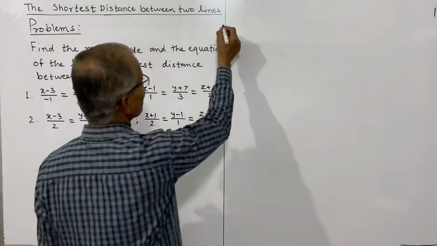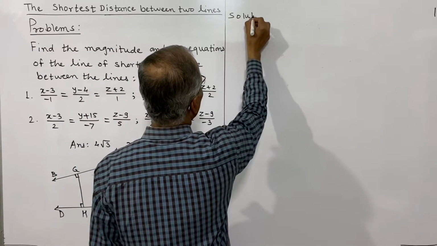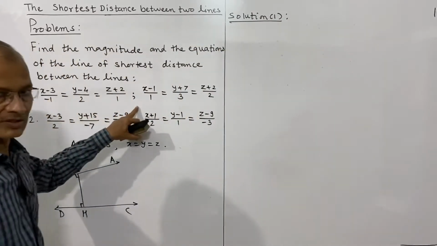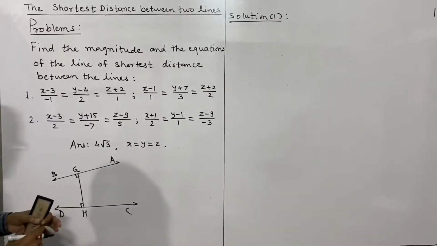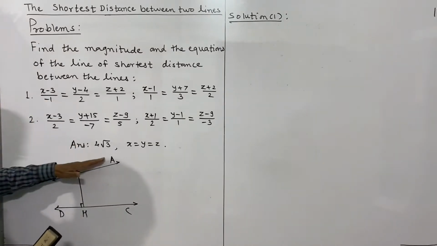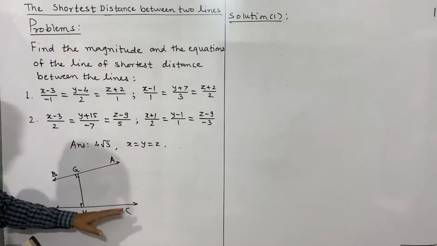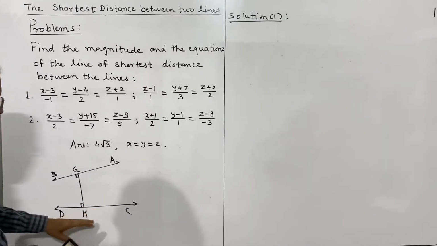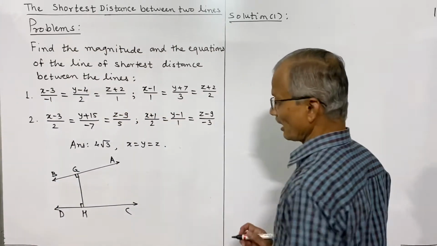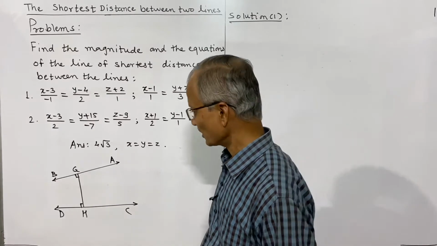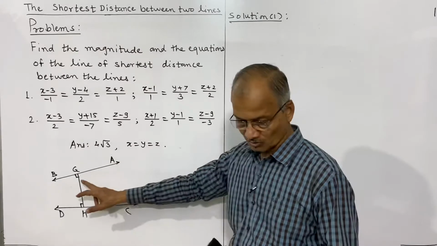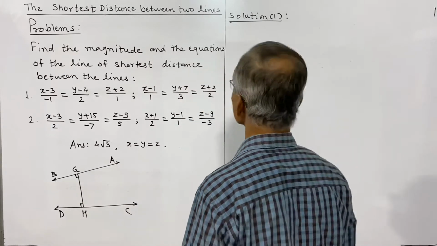This is the shortest distance that we have seen. Now we solve the first problem. We rewrite the equations again because we want to get a general point. So what we shall do is take a general point on this line, and another general point on the second line, and then we will obtain the DRs of the line. If GH is the line, or instead of GH we may consider PQ also, then that line is perpendicular to both these lines. That condition we shall use.